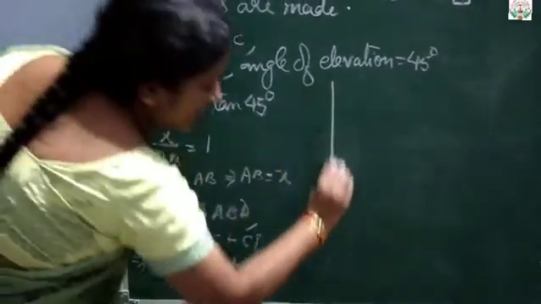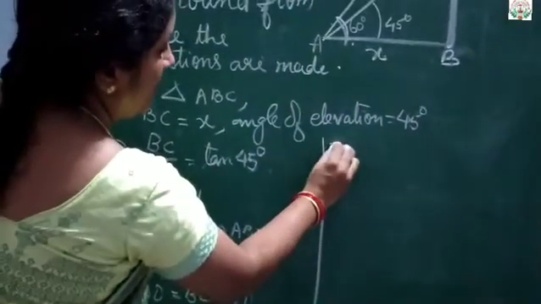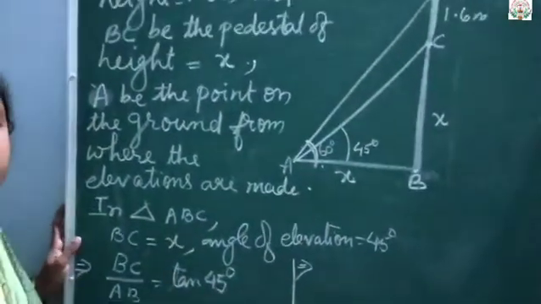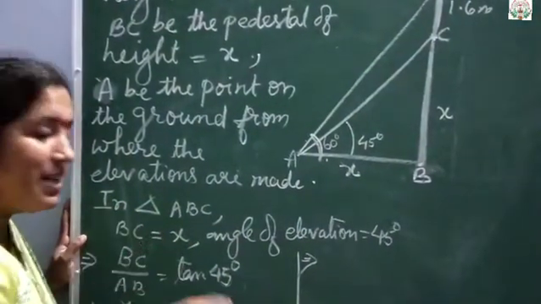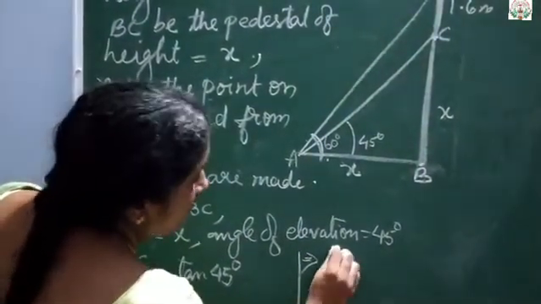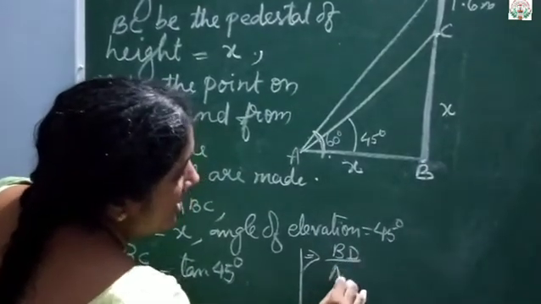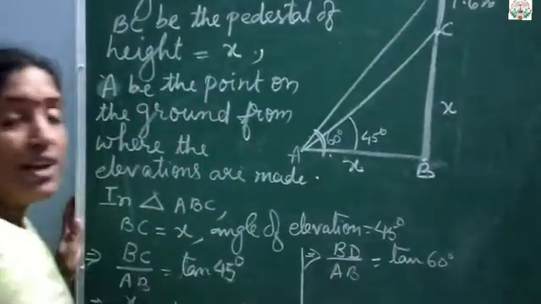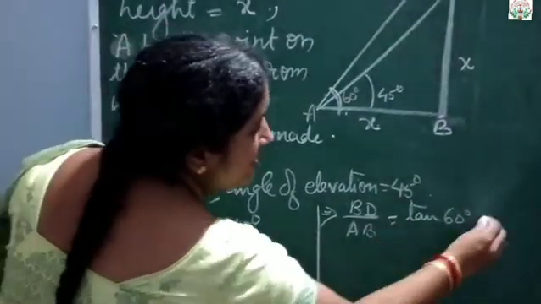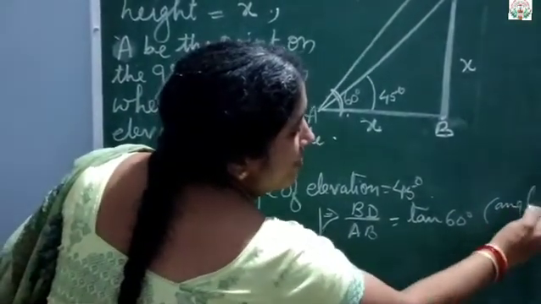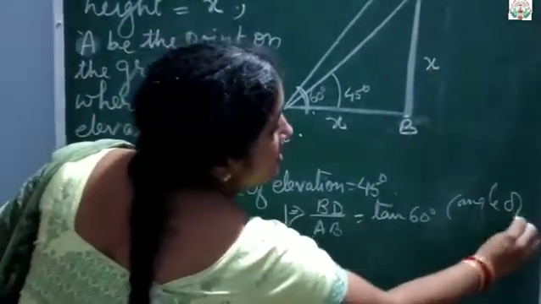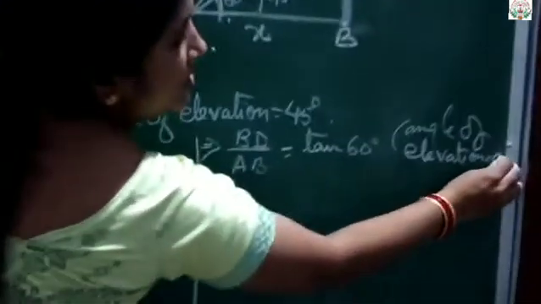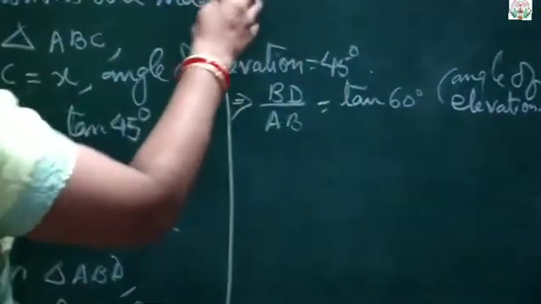So now BD is known, base is known. So which trigonometric function will you take? That is tan again. So you can write BD upon AB equals to tan 60 degree, because here the angle of elevation is 60 degree for this ABD triangle.